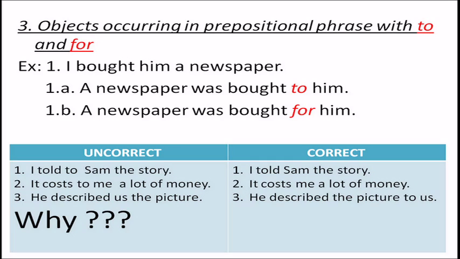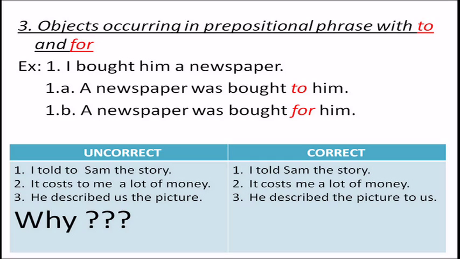For example, there is an active voice sentence, I bought him a newspaper, and you will rewrite this sentence into passive voice like: a newspaper was bought to him, or a newspaper was bought for him. The answer is number B. A newspaper was bought for him.